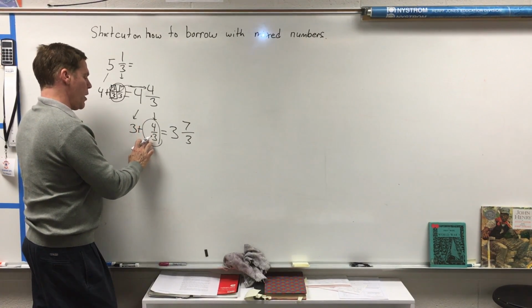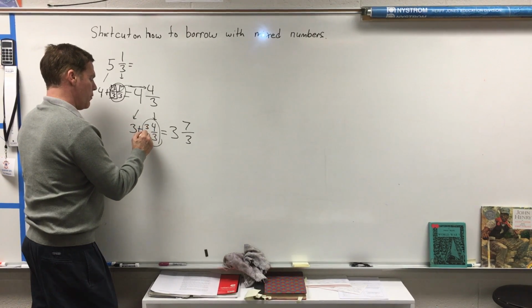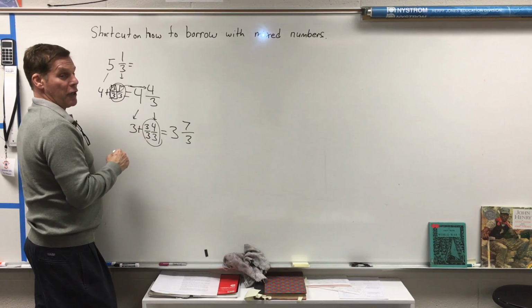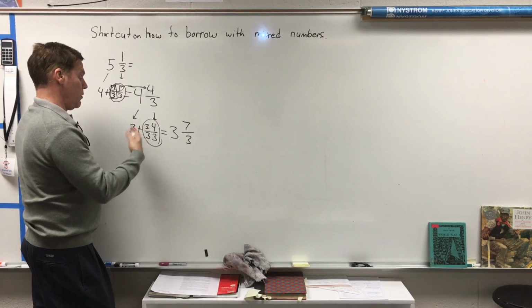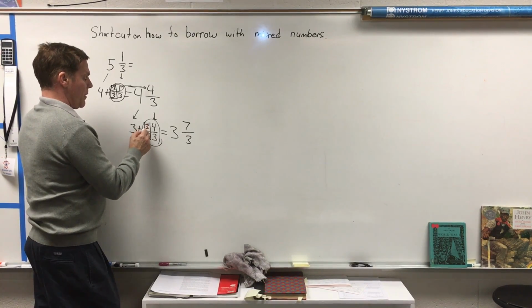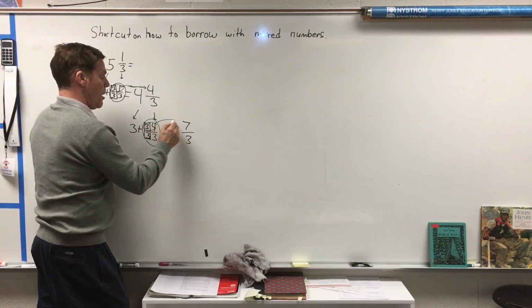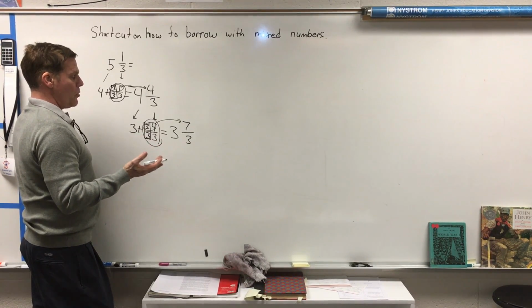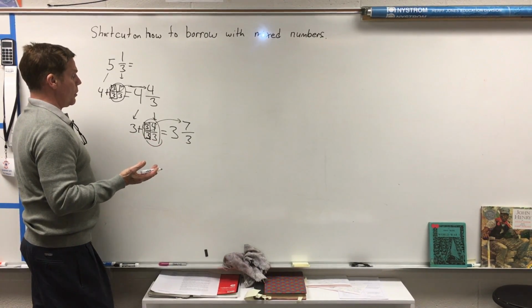Because I can write this 1 as 3/3. Why do I do 3/3? Because that's a 3. If it were a 4, it'd be 4/4, and so on. So that equals my 1, and that's going to equal my 7. I'm noticing a pattern here as I work.